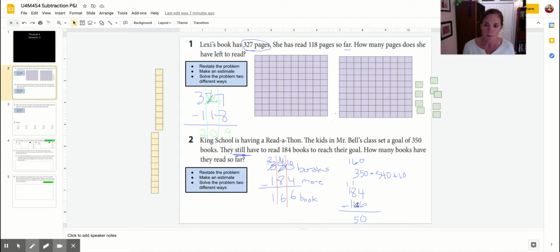And 1 plus 1 plus 1 is 3. So yeah, we did this one right. 350 is our original number, right? That's our goal. So we know that we did this right. And I can't believe I haven't really pushed this on you guys very much, but this is a super important way to check your work.